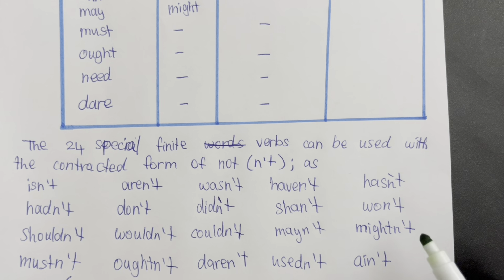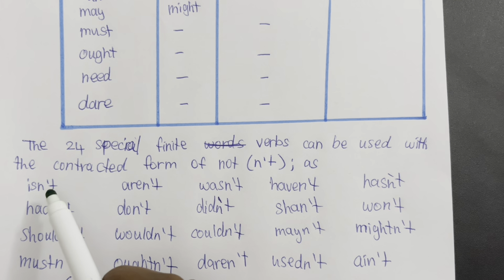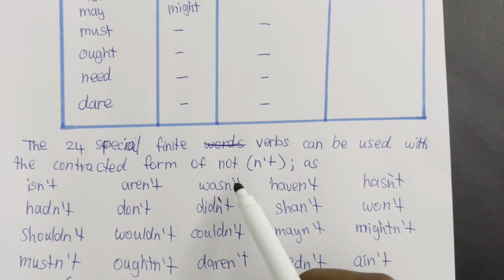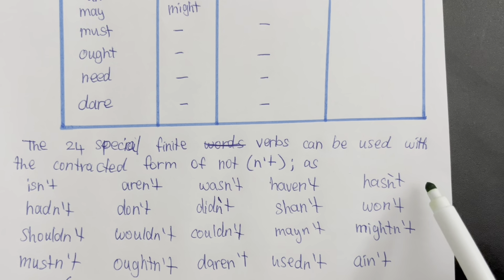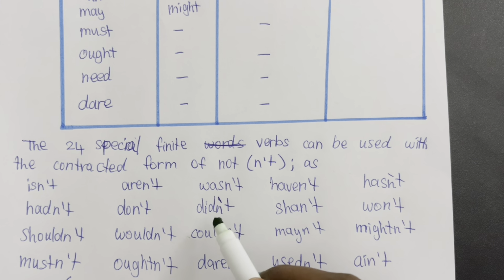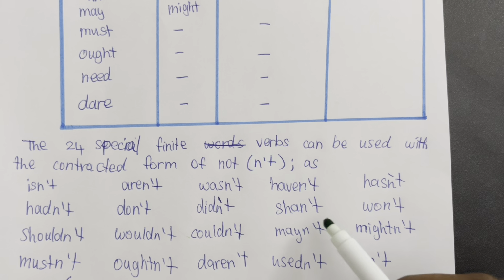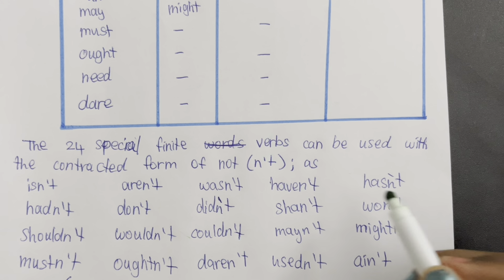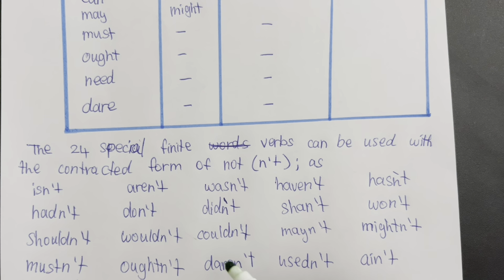That means I'm going to say these in full form: is not, are not, was not, have not, has not, had not, do not, did not, shall not, will not, should not, would not, could not, may not, might not, must not, ought not, dare not, use not, I'm not.